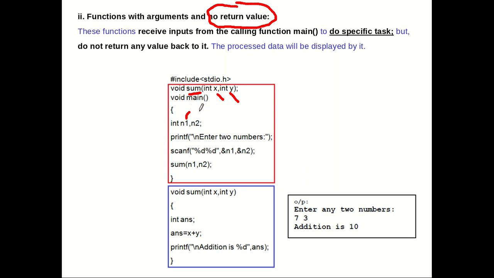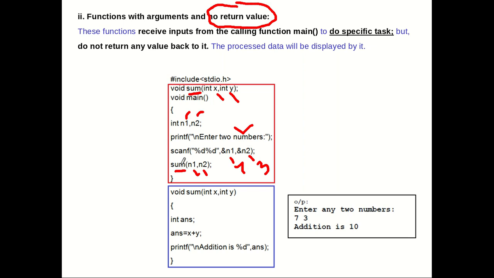Since it takes two parameters, we declare two variables n1 and n2, and we ask the user to enter two numbers. When the user enters 7, it is stored in n1, and 3 is stored in n2. We call the function by passing these two parameters.